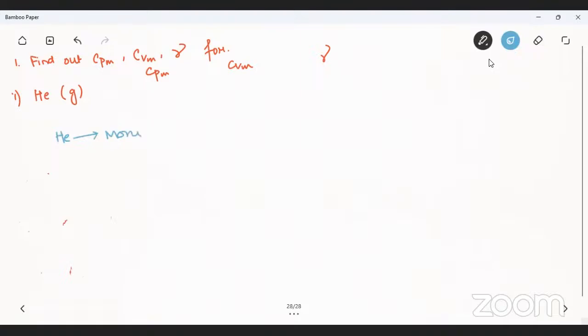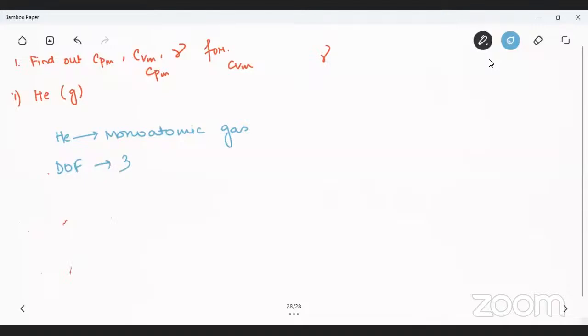Monoatomic gas? True or false? Yes, true. So what is the degree of freedom for helium? 3. Good. It is 3.